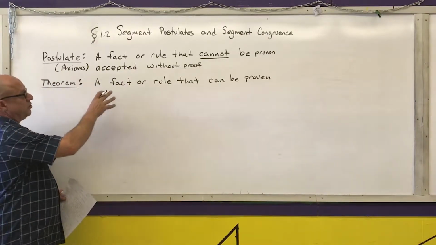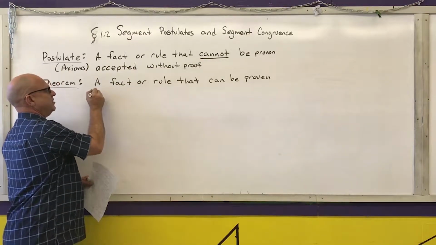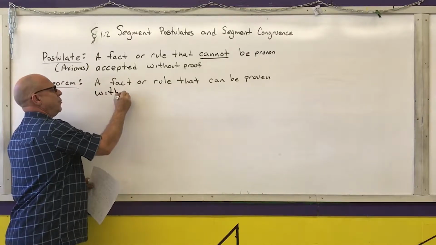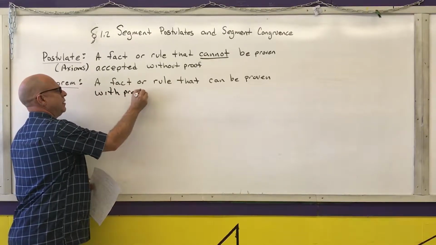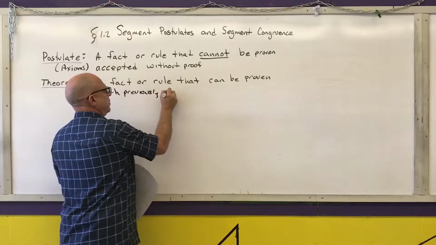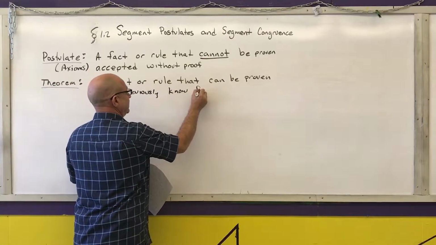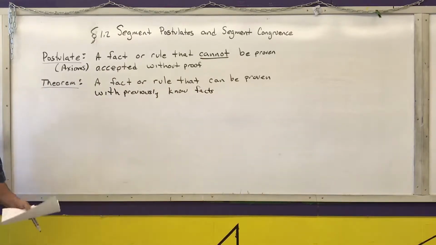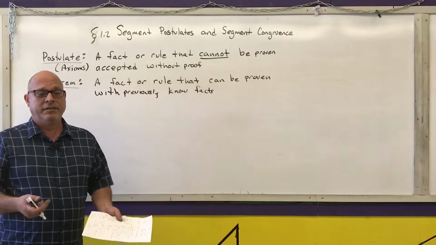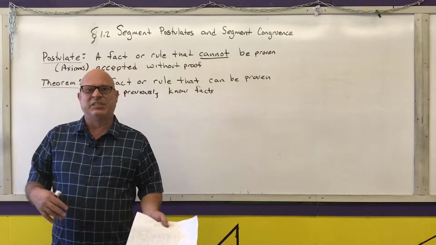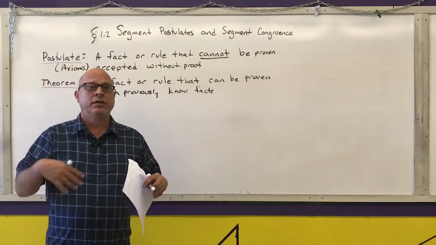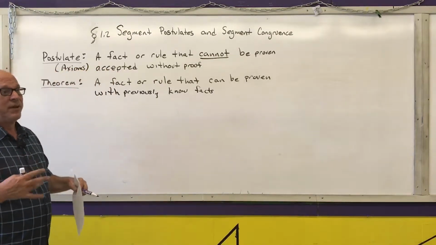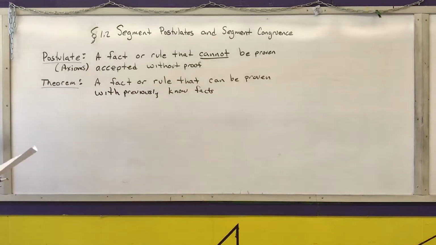So a theorem is a fact or rule that can be proven, and let's just add something here, with previously known facts. Okay, and in one of the next lectures, we're actually going to use the Pythagorean theorem. So we'll have proved it in class before you actually watch the next lecture so that you can use the Pythagorean theorem to do the work that we're going to do.